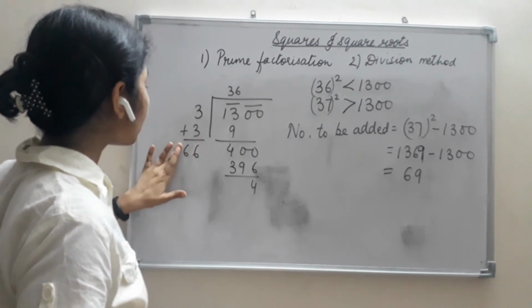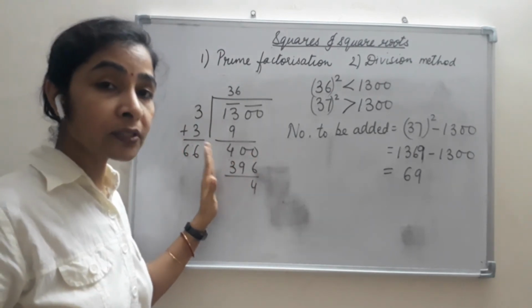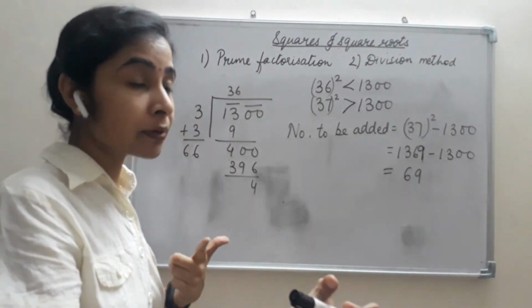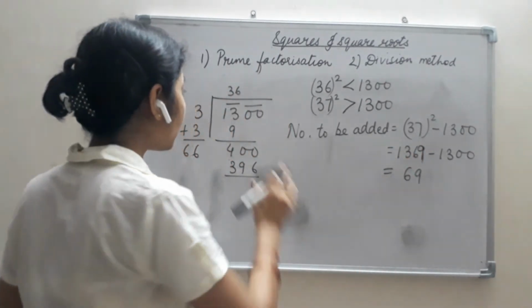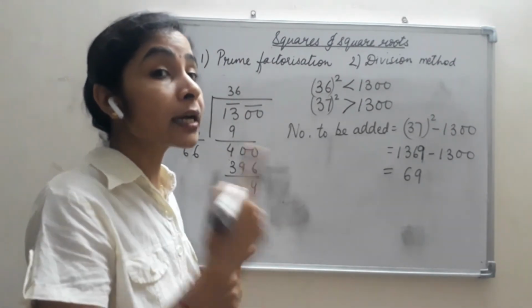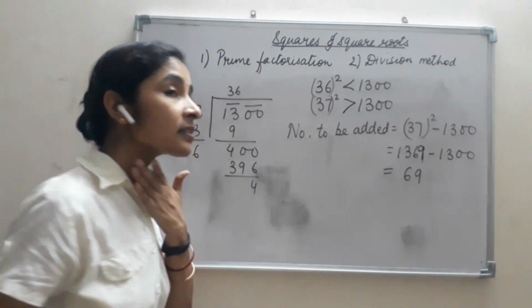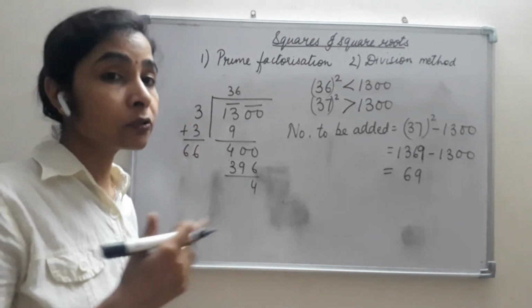We find out the number whose square is less than this number, and take its consecutive number to find out the number which should be added to it. So we got that this number is greater than 36 square. So we took the consecutive number of 36, that is 37 square. From that I subtracted 1300 to get the number which should be added to it to make it a perfect square.